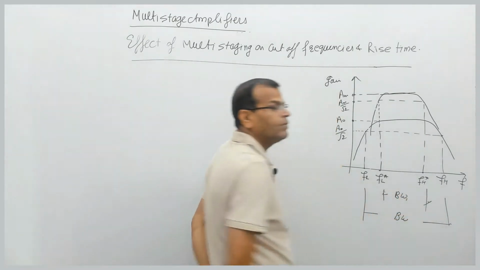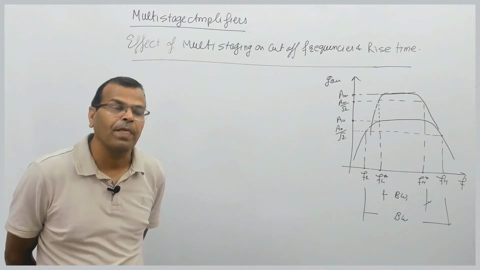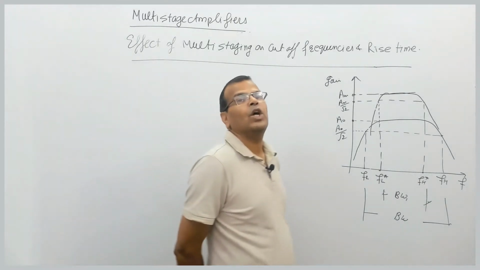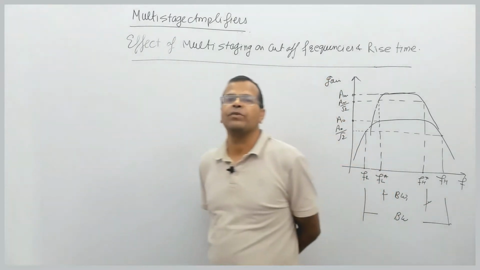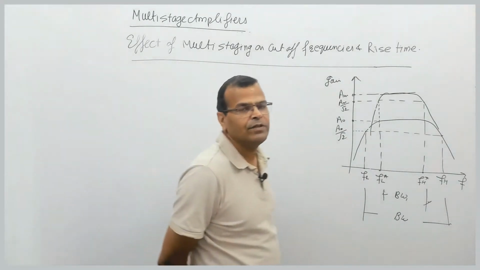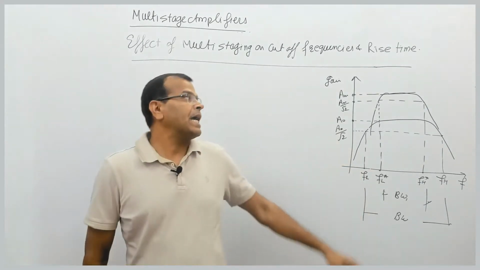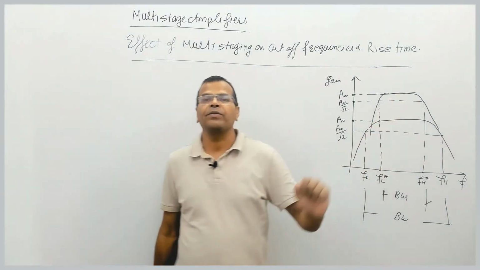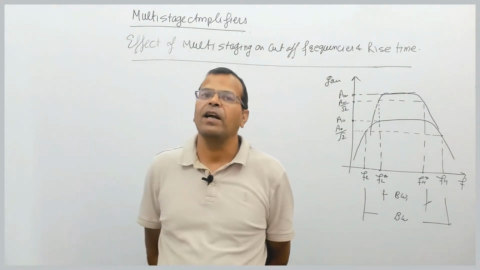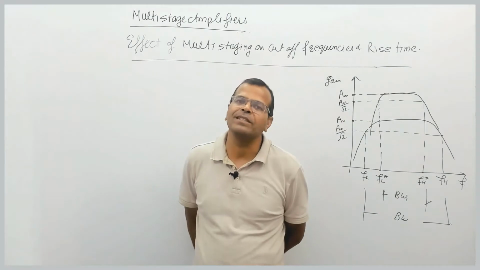So bandwidth of the amplifier reduces. These are important questions for exam. Because of multistaging, lower cutoff frequency increases, upper cutoff frequency decreases, bandwidth of the amplifier decreases, gain of the amplifier increases. Fine. And remember, gain bandwidth product remains same.